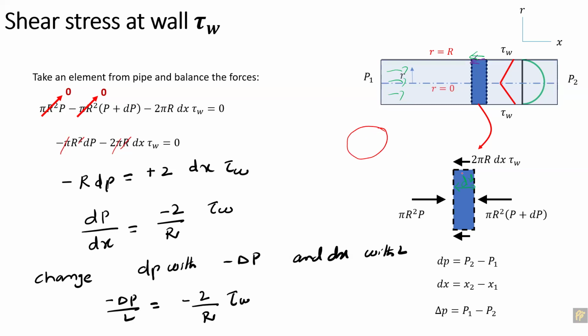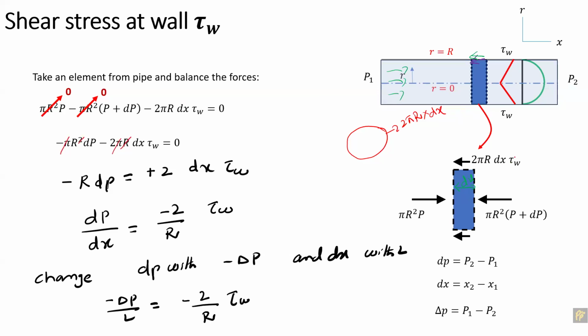The length of this one will be equal to 2 pi r. If you multiply with the dx, this will become the area, 2 pi r into dx.